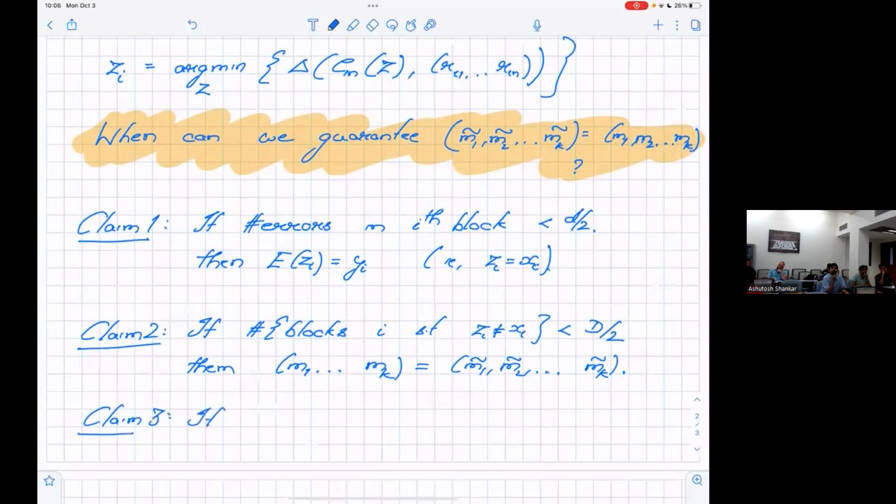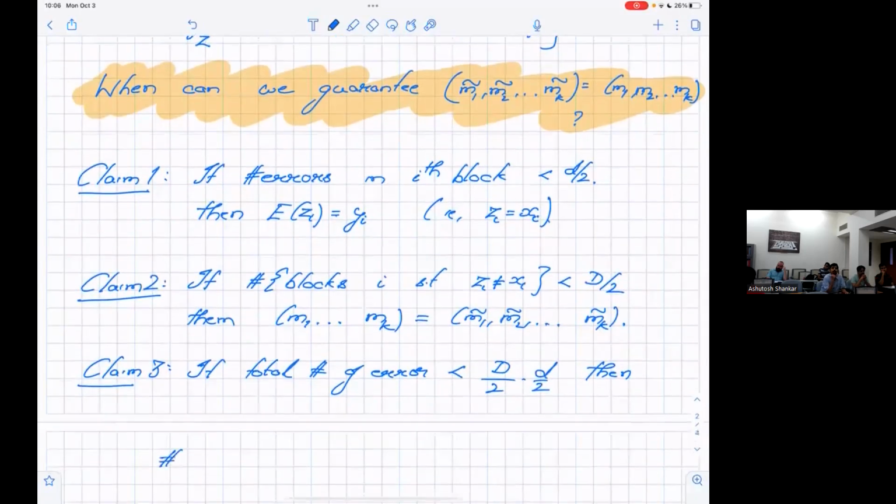If the total number of errors is less than d by 2 times D by 2, then the number of blocks i with greater than or equal to d by 2 errors in that block is less than D by 2.